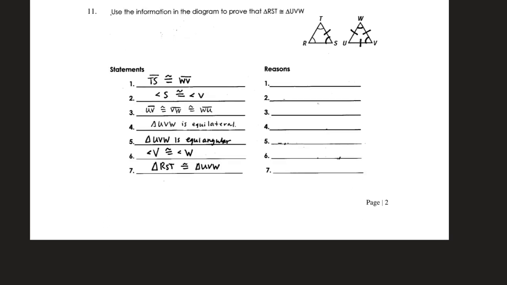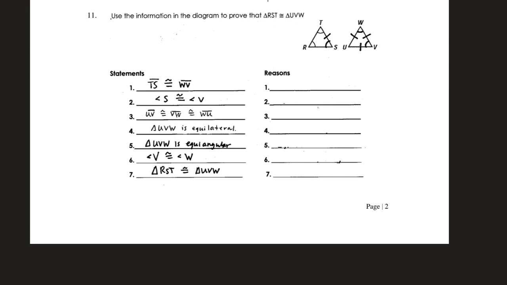Use the information to prove the two triangles congruent. Segment TS is congruent to WV. That is given. Angle S is congruent with angle V. That's also given. Triangle UVW is equilateral.